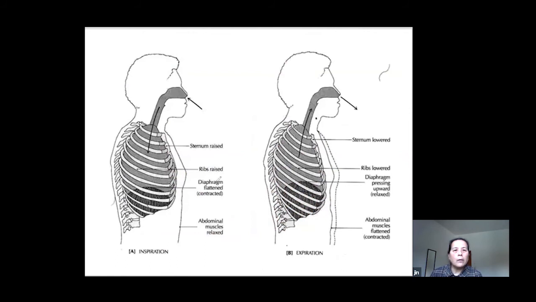We talked about this part in our anatomy already, so just a quick review. Inhale on this side: the chest gets bigger and the pressure goes lower, so the air goes in. Exhale in this part: the chest cavity gets smaller and the air pressure increases, so the air leaves. So that's inhale and exhale.